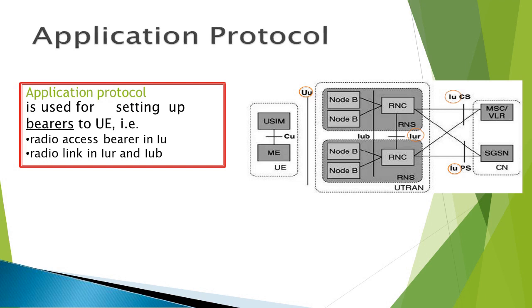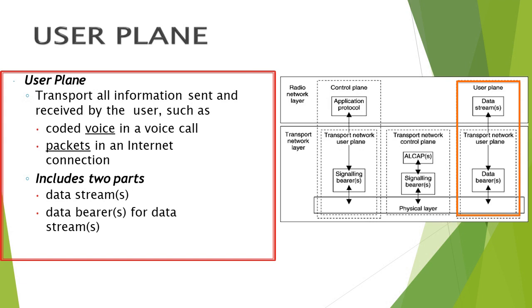We all know that very well; we are familiar with it. And then this in turn sends the data with a radio access bearer in the IU interface and radio links in the IUR and IUB interfaces respectively. So this is the user plane, which is responsible for transferring the coded voice in a voice call and packets in an internet connection.